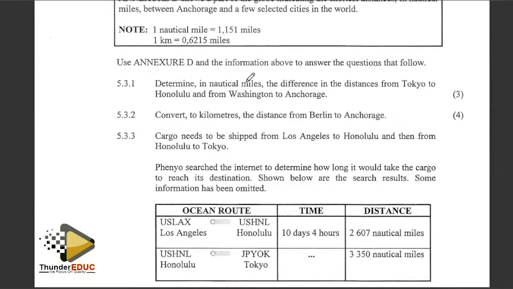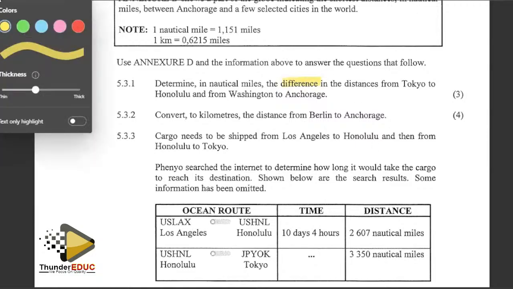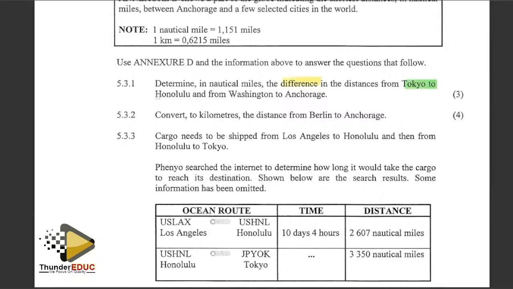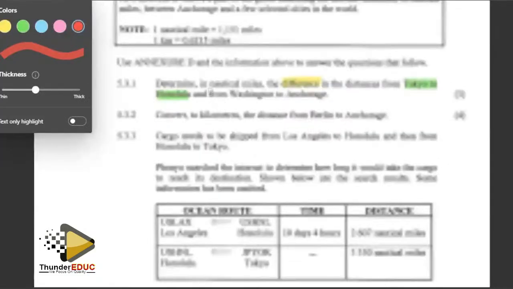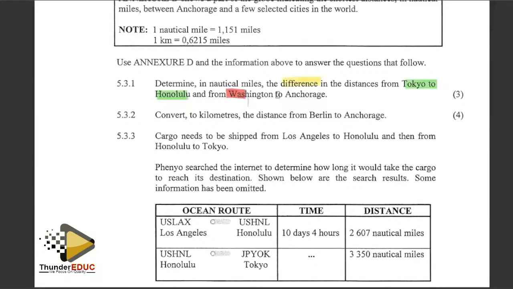They're asking us to determine the nautical miles difference. Now, here we go. We're looking at the difference between Tokyo to Nauru, then another one, the distance there.